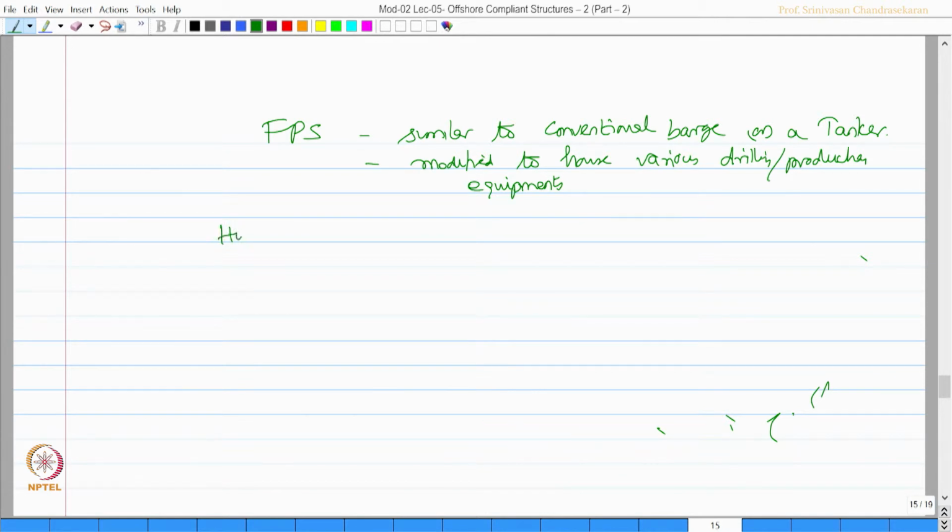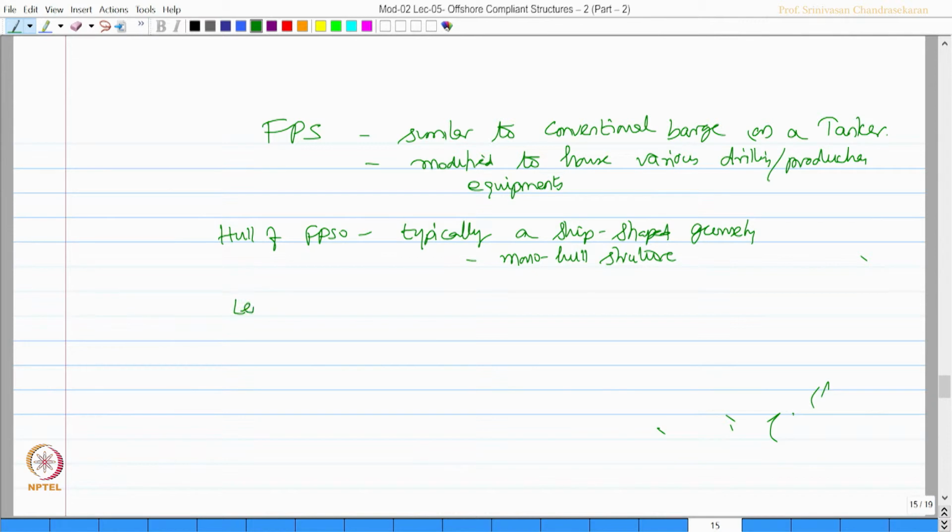Generally, the hull of an FPSO is typically a ship shaped geometry, usually with a mono hull structure.